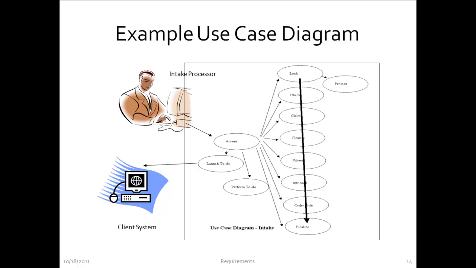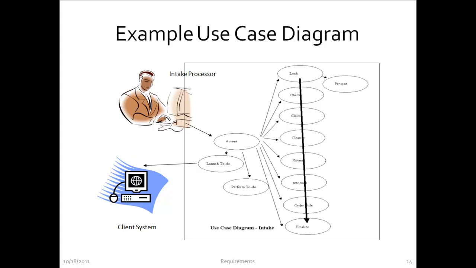As I said before, the client systems are the systems from Countrywide home loans and so on, from which the system that we're building is supposed to pull foreclosure cases from. And the human actor is going to be interacting with the use cases shown that he's connected to with an arrow.